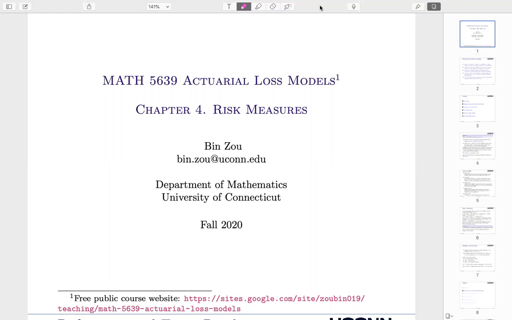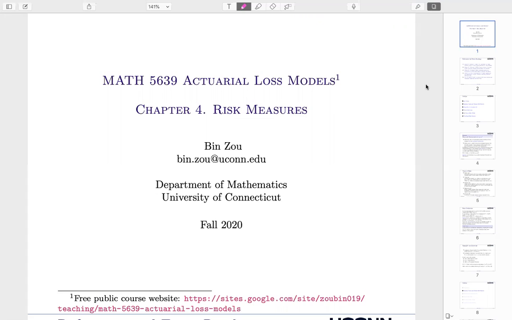From now on, we're going to study a new chapter, chapter 4, called risk measures. For this chapter, I prepared my own lecture slides, because I feel there's a little bit more I can offer from my own version than the standard textbook slides.